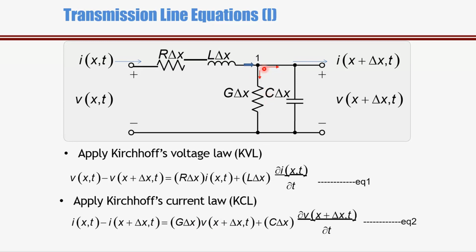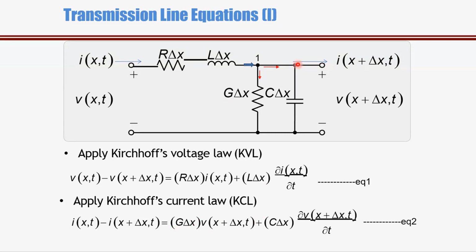So what is the current flowing through the conductance? It is voltage multiplied by conductance, because current is voltage divided by resistance, and resistance is the reciprocal of conductance. So in terms of conductance, voltage multiplied by conductance is nothing but the current.